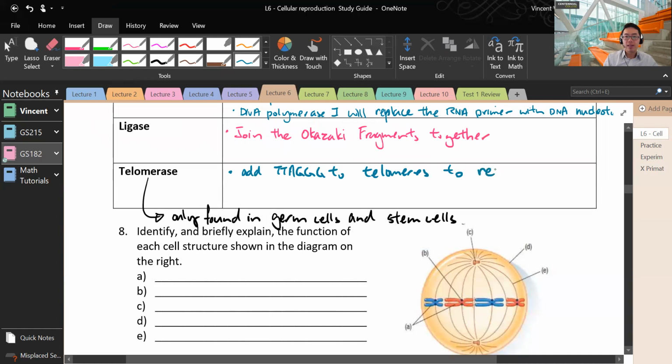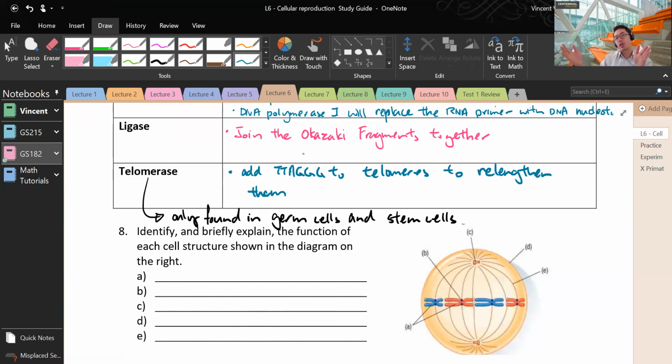To re-lengthen them. So that when you pass on your genetic material to the next generation, they would have fresh telomeres to start with, and then they would erode again throughout their life. Does that make sense?